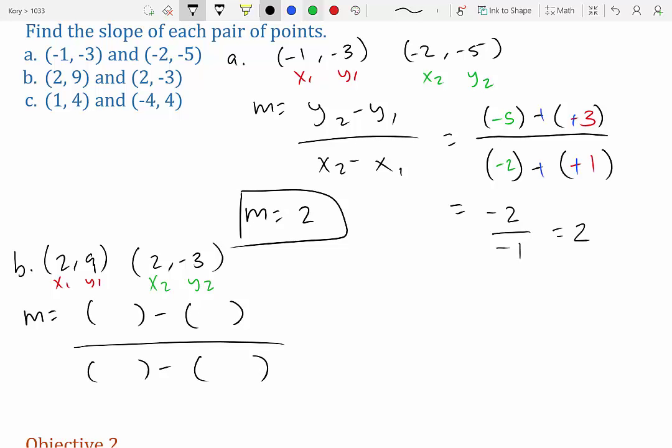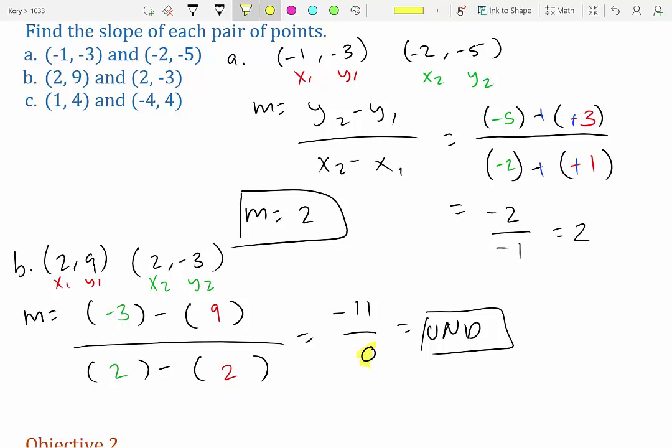So we have y2, which is negative 3, minus y1, which is 9, over x2, which is 2, minus x1, which is 2. So we get negative 12 over 0. You can never have 0 in the denominator. That's impossible. So it's undefined. If you get 0 in that denominator, it's always undefined.